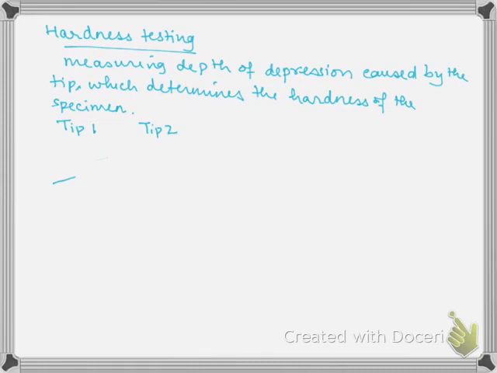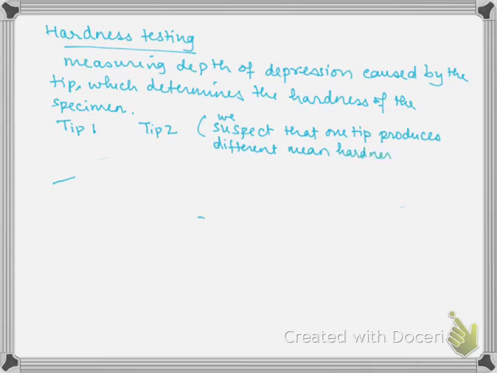And although the precision and variability of measurements made by the two tips seem to be the same, it is suspected that one tip produces a different mean hardness reading than the other.